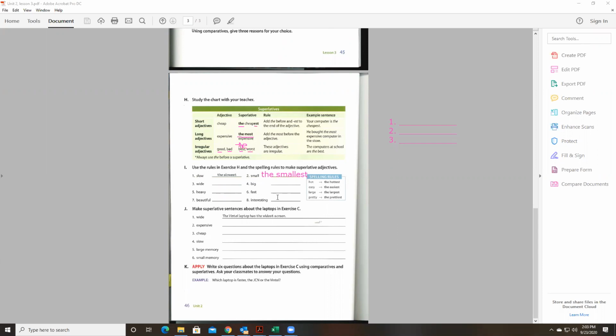Number three, okay, wide is also a short adjective. Wide already ends in E, so we would just add st. Number four, big, is also a short adjective, so we will add another G, est.